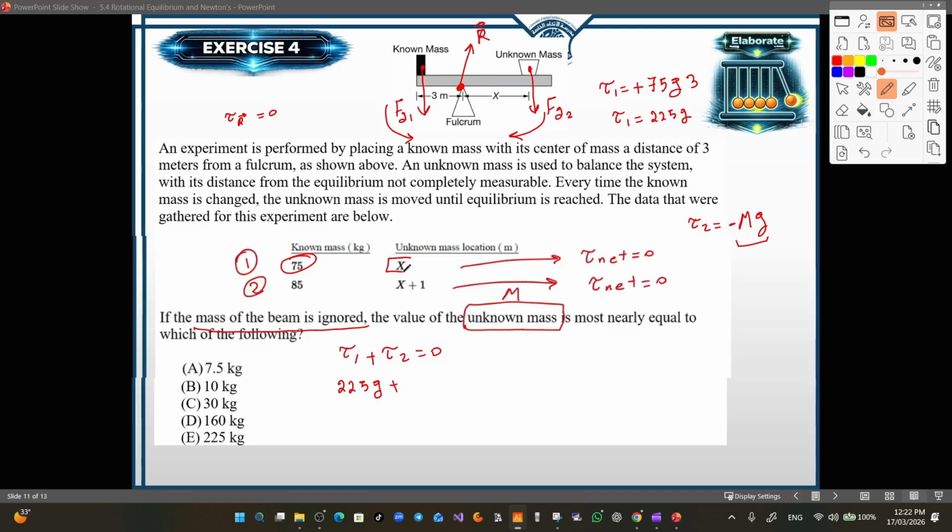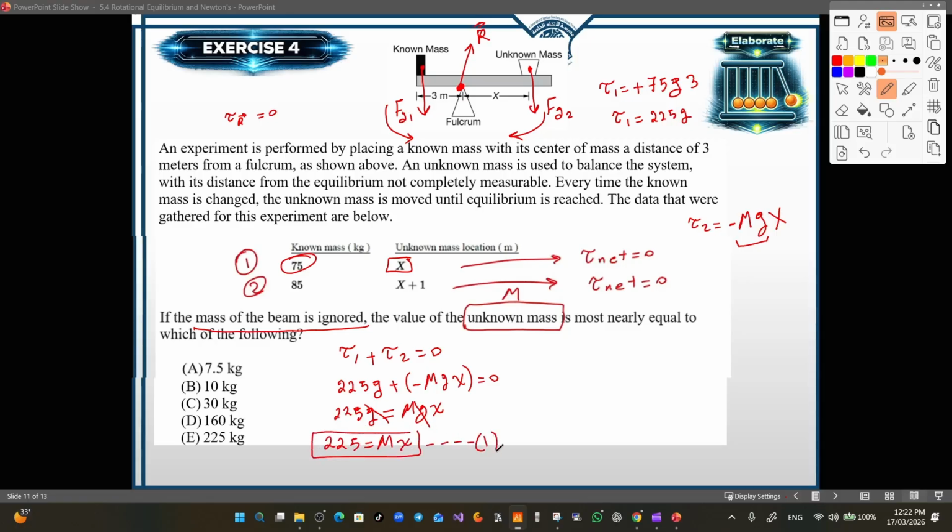In the first trial, the distance is x. So this becomes minus mgx. So we can write that 225g equals mgx. Now g with g cancels, and 225 equals mx. This is the first equation.